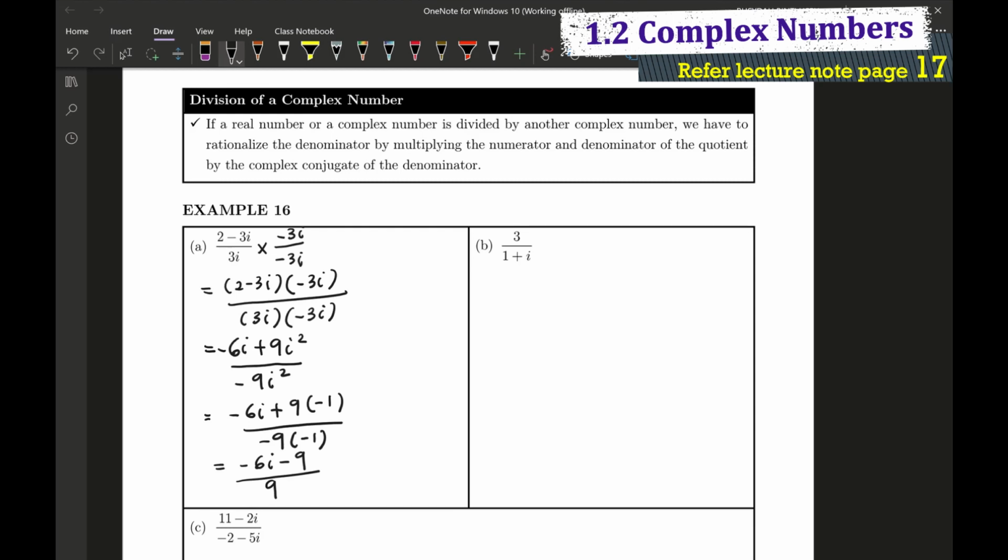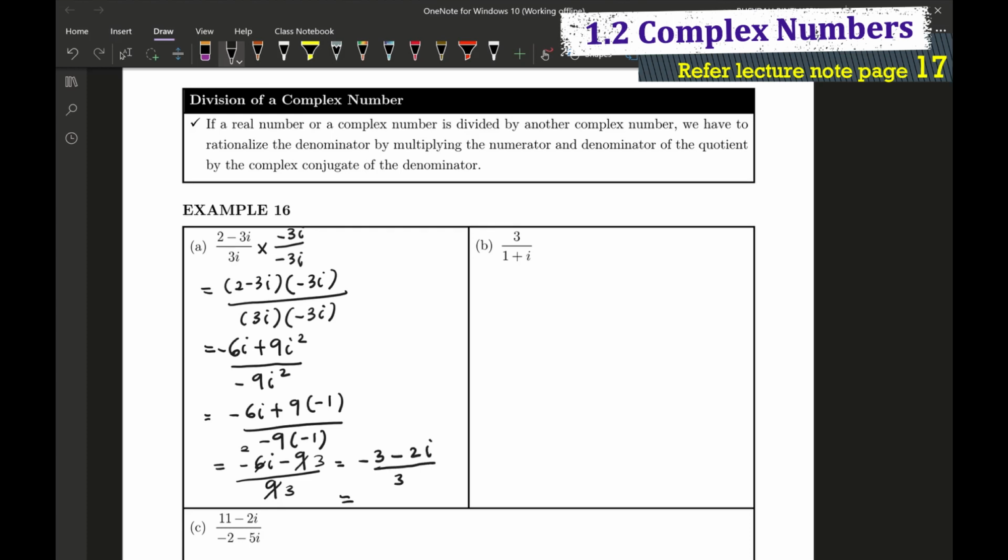So is that the final answer? Not yet, because we can still simplify this. How to simplify this? This one will become 3, this one will become 3, this one will become 2, right? So at the end, it will become -3 minus 2i over 3.